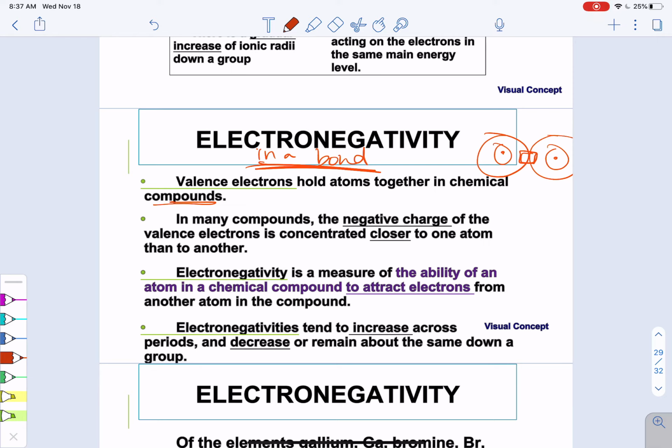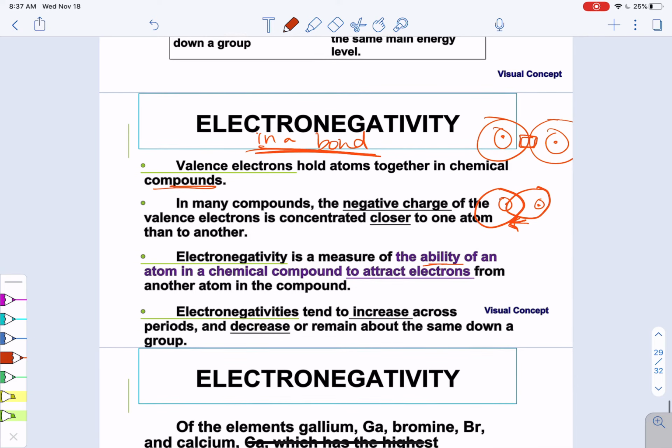In many compounds, the negative charge of the valence electrons is concentrated closer to one atom. So basically that means that it looks more like this, where it's kind of all being pulled to one side. It's uneven. So the electronegativity is the measure of an element's ability to pull those electrons towards itself in a bond.